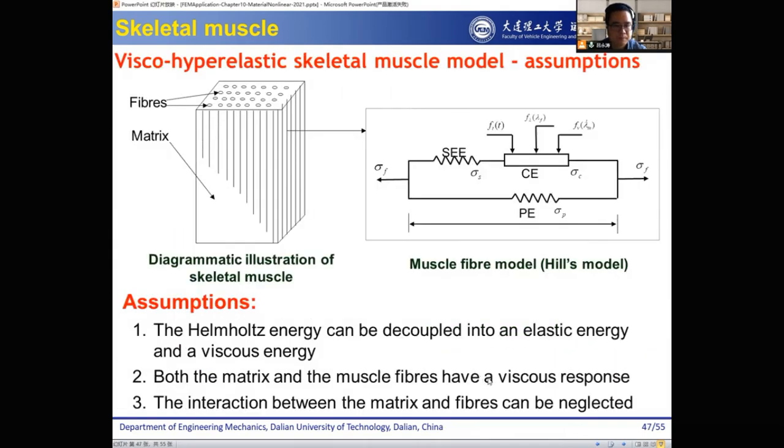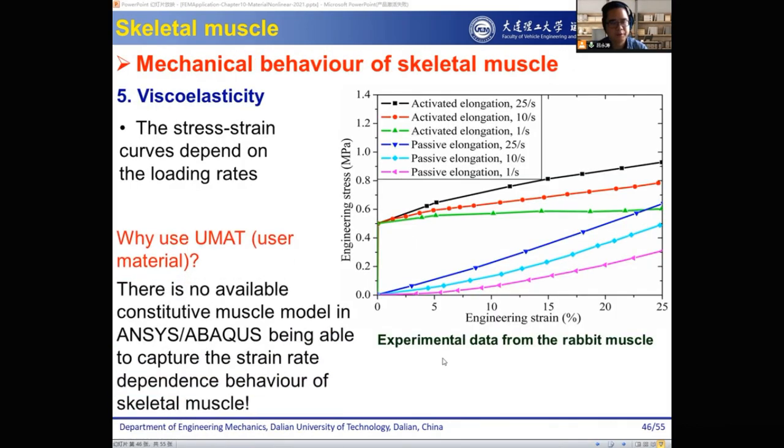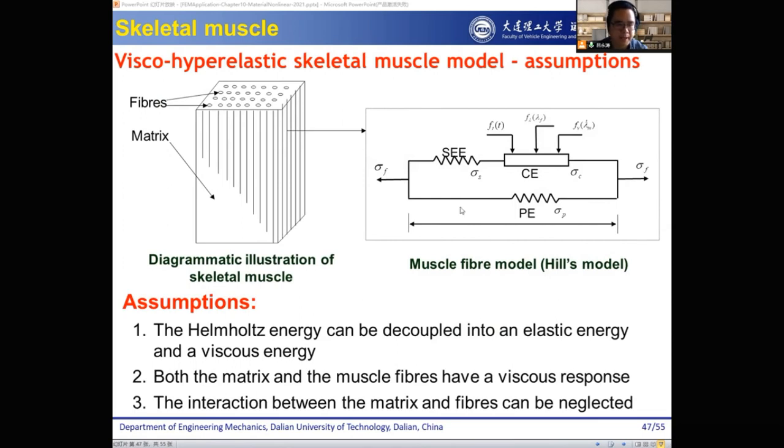And here is the constitutive model we have developed, or we have used. We mentioned we have all those different behaviors, and then we need a mechanical model to describe those behaviors. First is fiber reinforced, so we have fibers here.